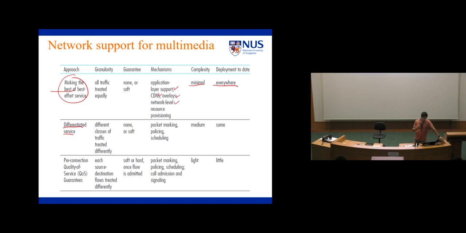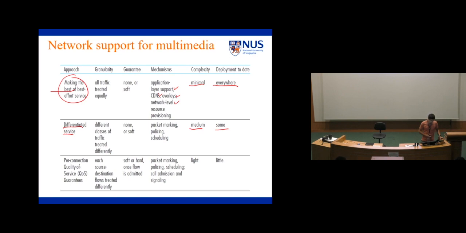No. This is simply helping you to get these kinds of quality of service requirements, quality of service benchmarks, but the guarantee is still soft. So it has some complexity. We will see methods of this. And it is in fact deployed to some degree.